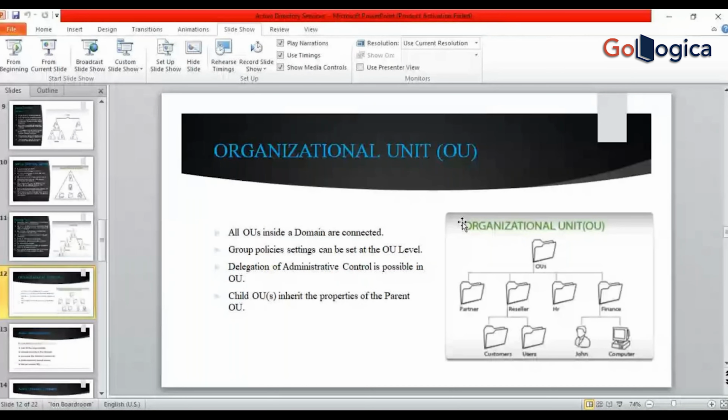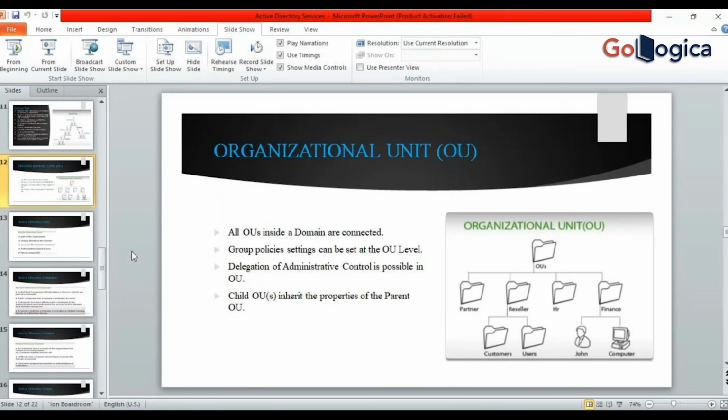Similarly, one OU has 4 verticals, and each vertical has its own multiple verticals. That is what we call an organizational unit. It is how the organization is organized, so the exchange of information flows from the parent to the child side. So this is the organizational unit.